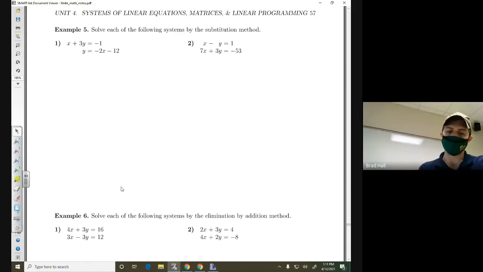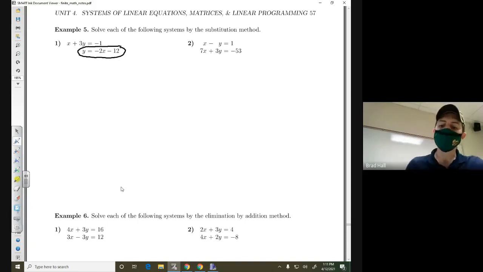Now, to explain this a little more thoroughly, in problem 1, we have a system of 2 equations here. There's the top one and the bottom one. In general, we would need to choose one of these equations and isolate one of the variables, as in get it completely by itself. The good news here is one of them's already isolated, so it makes our choice pretty easy.